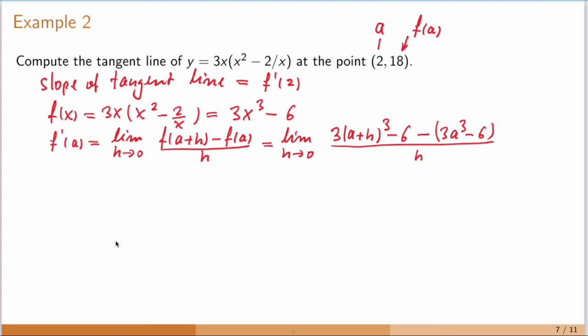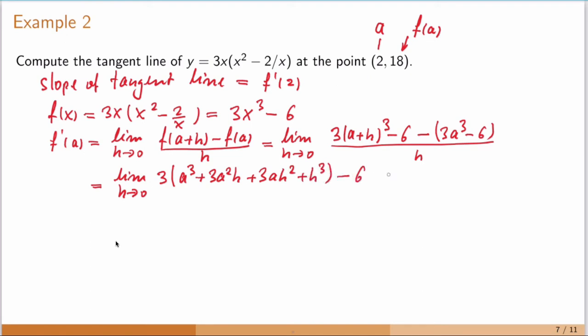So I have to multiply out the (a plus h) cubed term, and I know this formula by heart. So this is 3 times (a cubed plus 3a squared h plus 3ah squared plus h cubed).